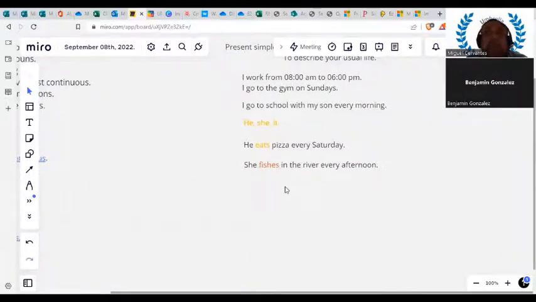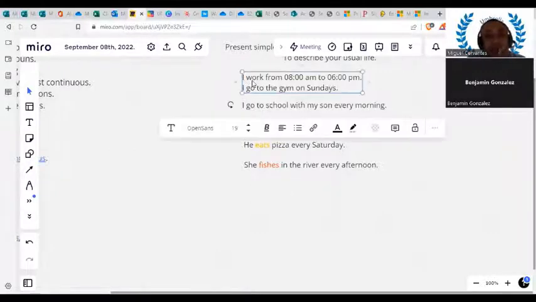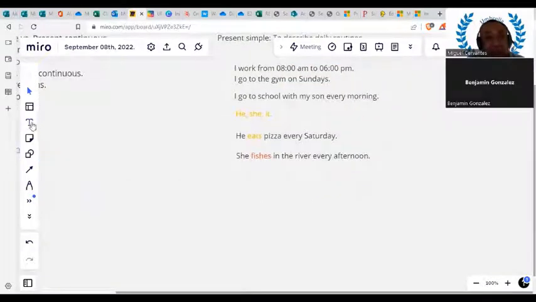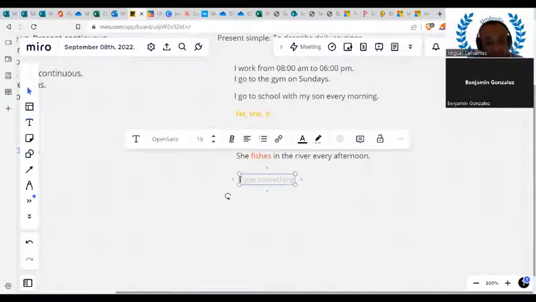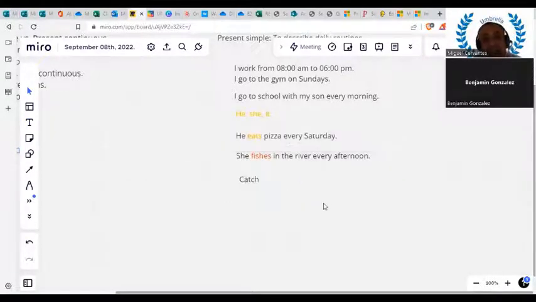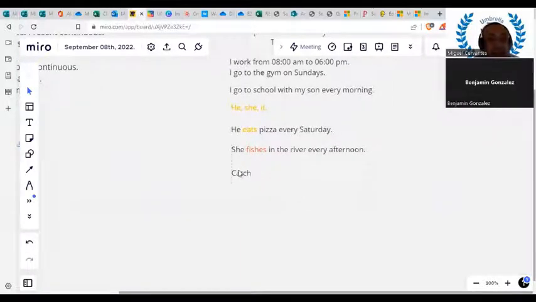Now, Benjamin, when do we know that we have to use S or ES? ¿Cuándo sabemos, Benjamin, que podemos usar S o ES cuando hablamos de tercera persona? Por ejemplo, este otro verbo, catch, que es atrapar o cachar. ¿Cómo diría Benjamin?